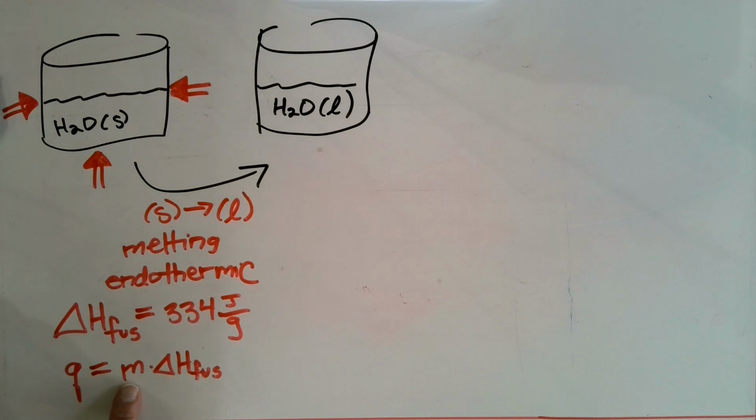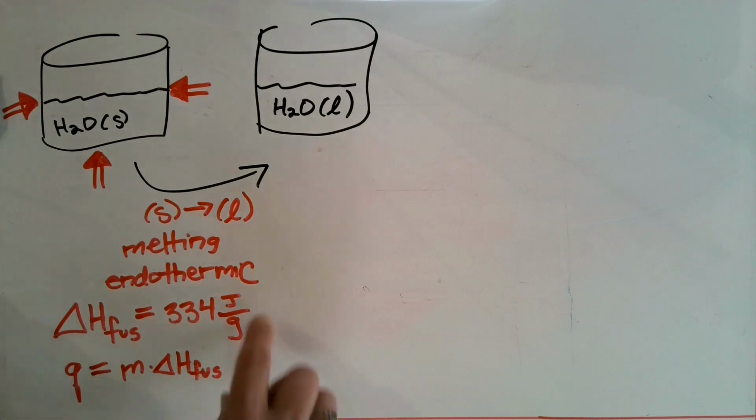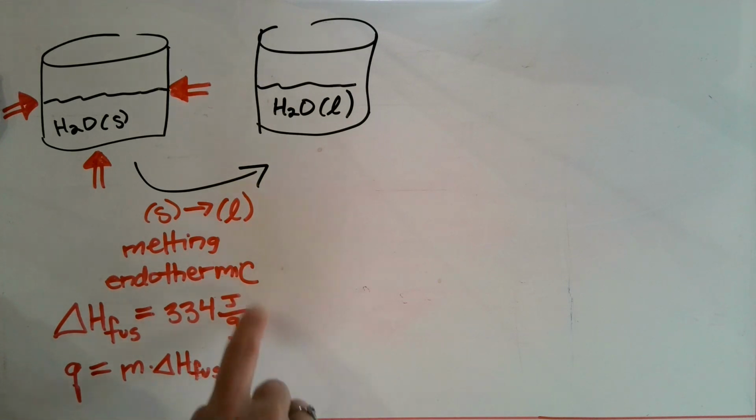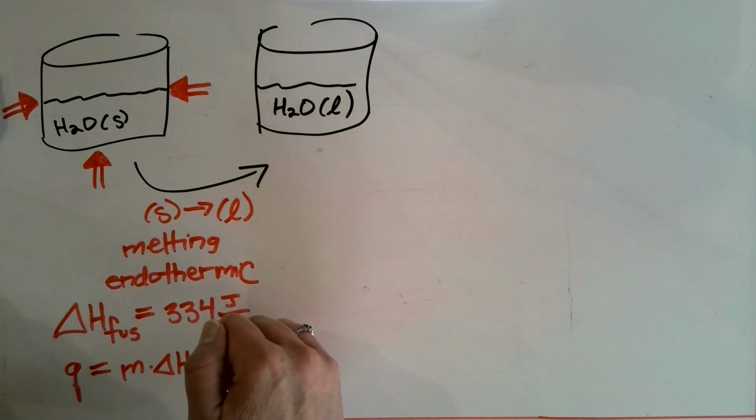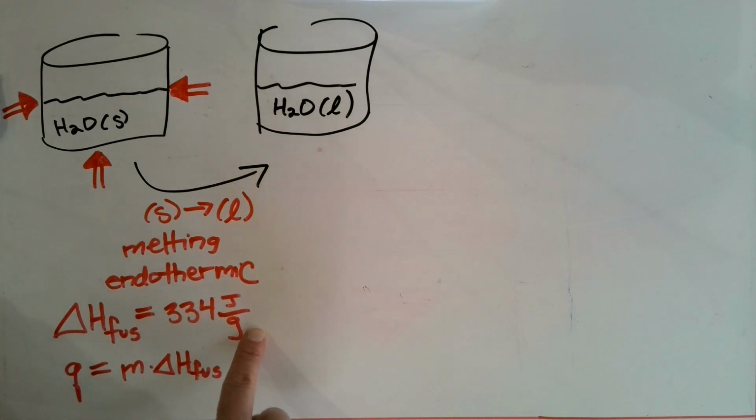You would just take 2 grams times your 334 joules per gram, and you would get 688 joules. This number can also be reported in kilojoules per gram or calories per gram or even joules per mole. So as long as it's energy over mass, and it could be energy over moles, that number could look different. But for water, it's always 334 joules per gram.